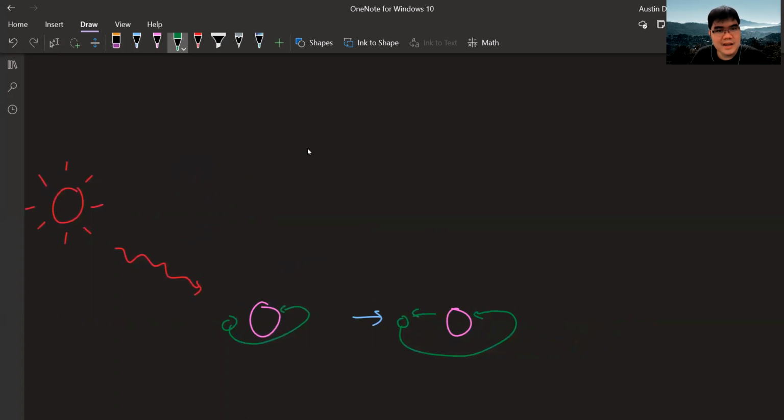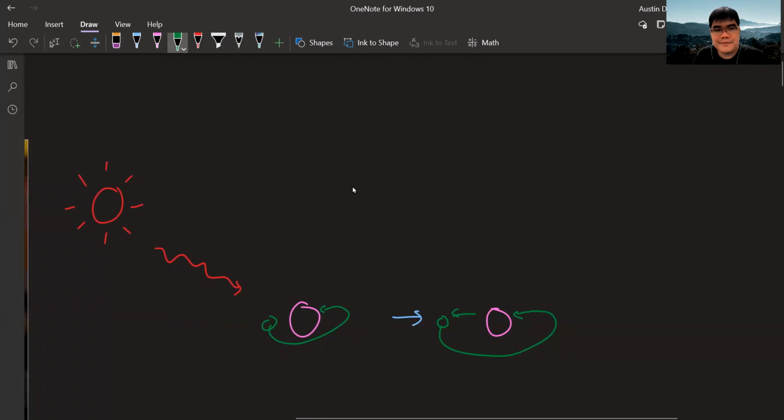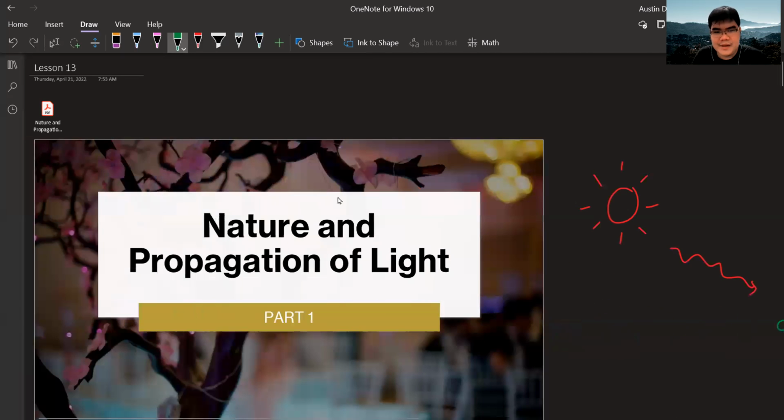So, di ba, kunwari, nag-iihaw tayo. So, yung charcoal, kapag ininit mo siya, magiging pula siya, di ba? Umiilaw siya. So, ayun, nagpo-produce na siya ng light kapag nakatanggap siya ng large amount of energy.